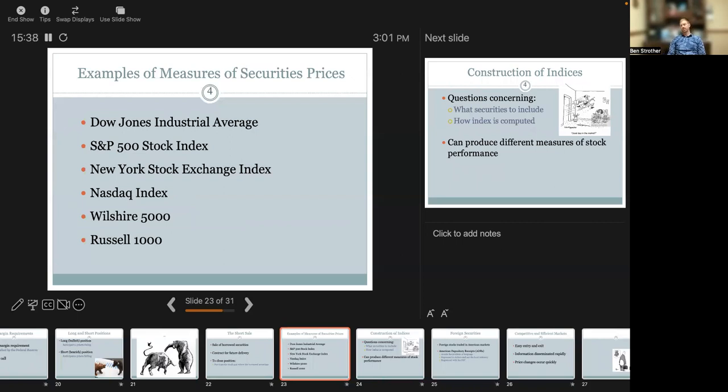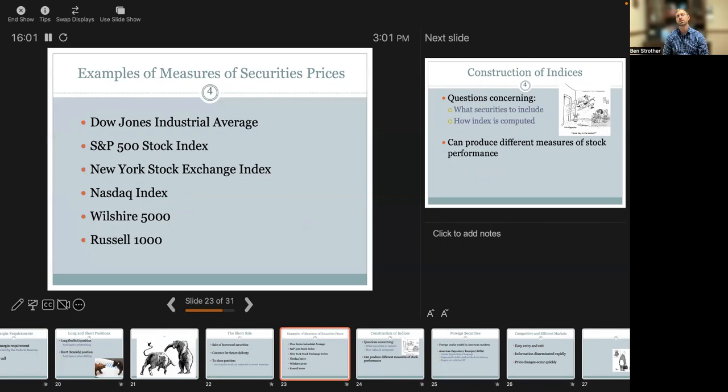They're supposed to be good representations of our economy. It's an old school metric that people still follow out of tradition.